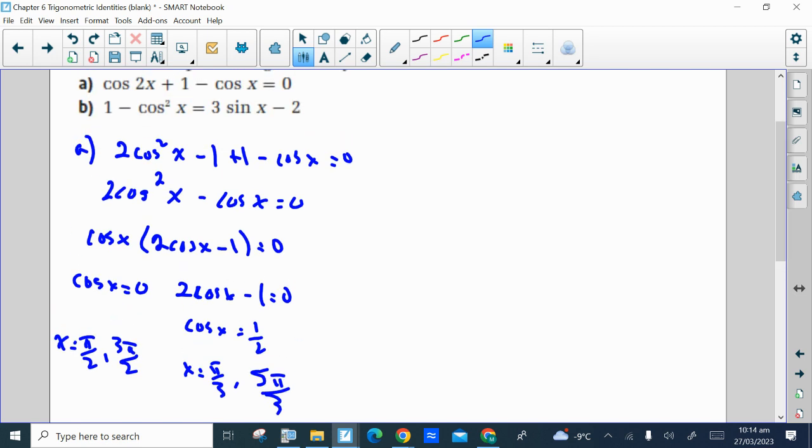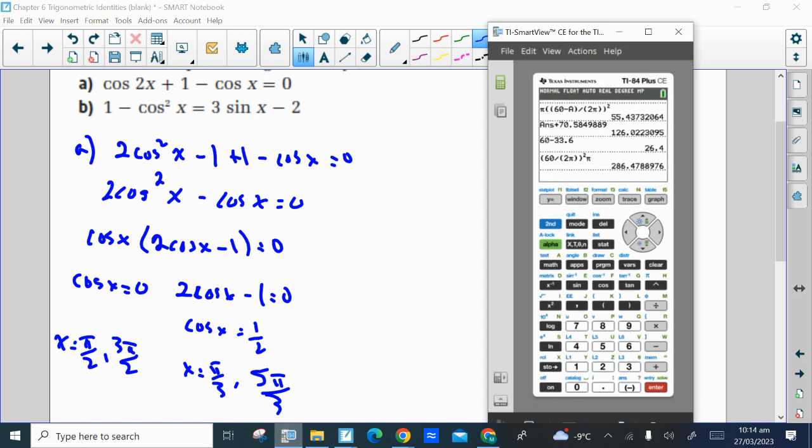And you can always use your calculator to check your answers. So in this case here, we have to be in radian mode because we're going to be using angles in radians. So the cosine of 2 times, our first answer was pi on 2. So in brackets, I'm going to put pi over 2.